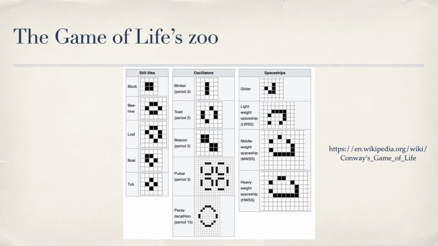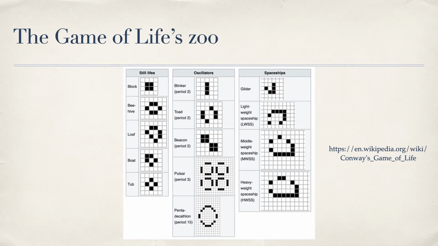A block is a structure that, as long as you don't perturb it, will just stay there, will not move, will not do anything. The blinker is a structure that just switches from horizontal to vertical, in states next to each other. The glider is a bit more interesting, and I will pay more attention to that in the coming slides.